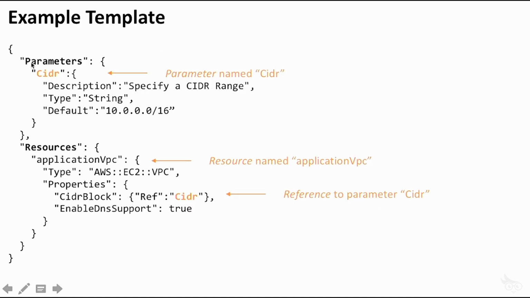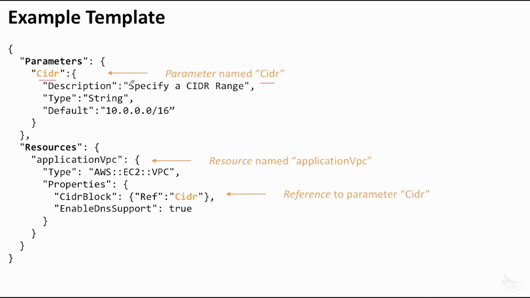Again, this is JSON, as you can see by the curly braces and the key value pairs that we see here. One parameter might be the CIDR range. So at the time we launch this particular template, any parameters that we have listed here, this right here, CIDR, would be the name of that parameter.